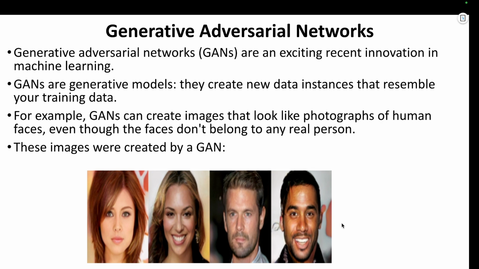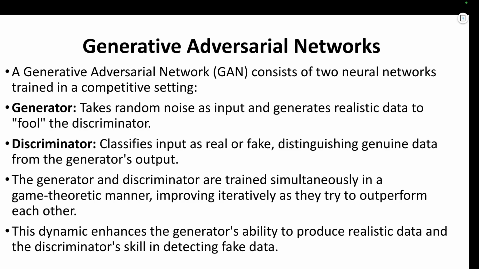Now if you give the input for the image in the form of noise, then you can use the backpropagation algorithm to revise the images to generate the fake image. Here, a generative adversarial network consists of two modules, that is a generator and a discriminator. The generator takes random noise as an input and generates realistic data for fooling the discriminator, whereas the discriminator classifies the input image as real or fake.